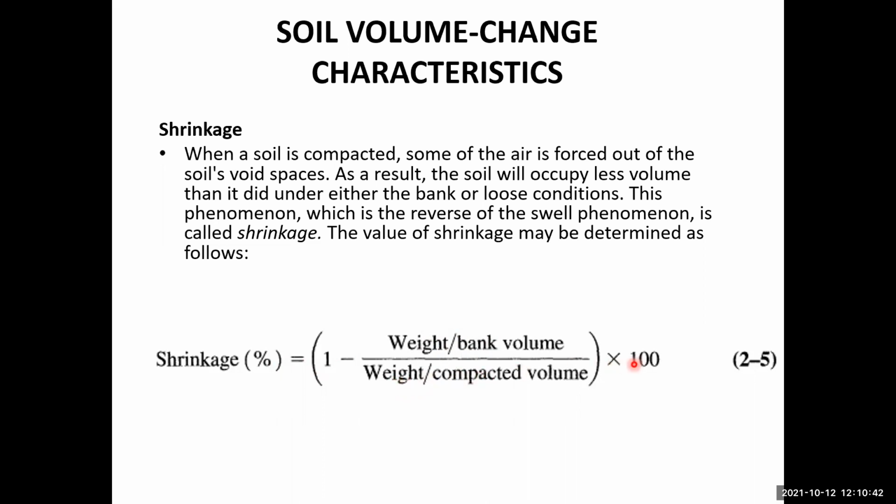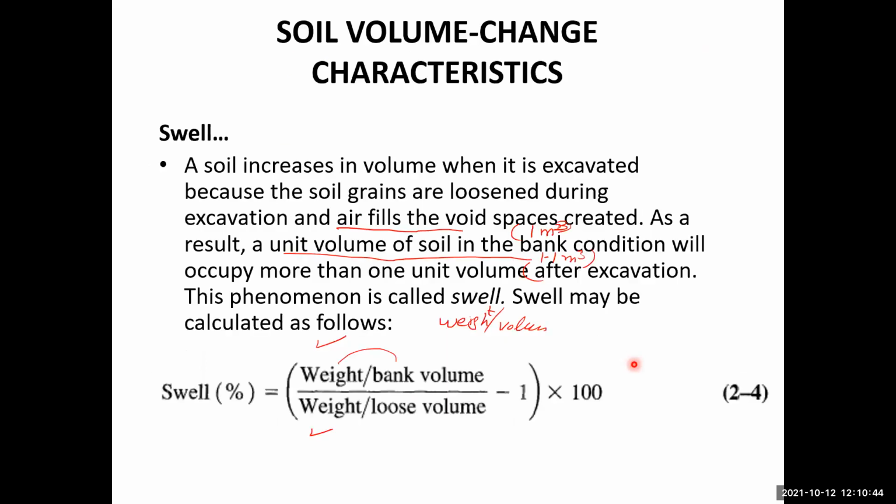So this formula is similar to the formula for the percentage of swell, weight per bank volume divided by weight per loose volume minus 1, because in this case the weight per bank volume will be higher than the weight per loose volume.